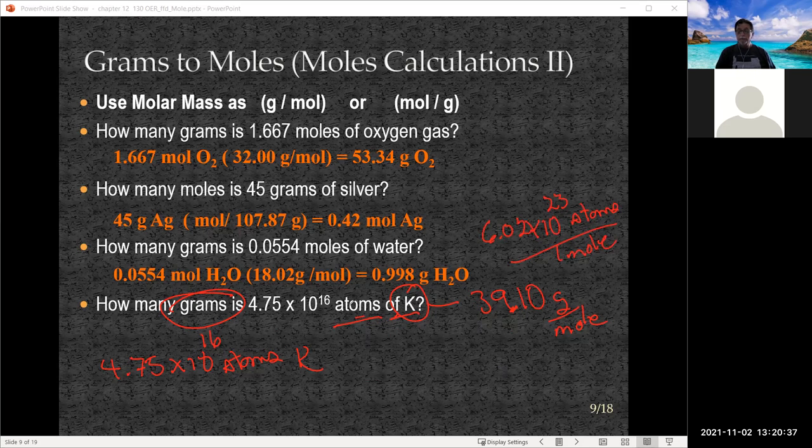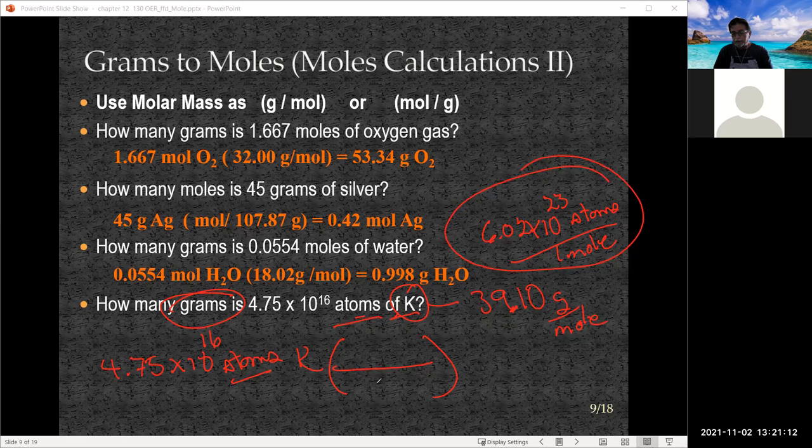And I can't go directly from atoms to grams because, again, I need that conversion factor. I'm working within potassium, yes, I know, but even when working within one element, I need the common factor, which is the mole. So I have to convert atoms into moles. And so I need a conversion factor, which obviously will be Avogadro's number.